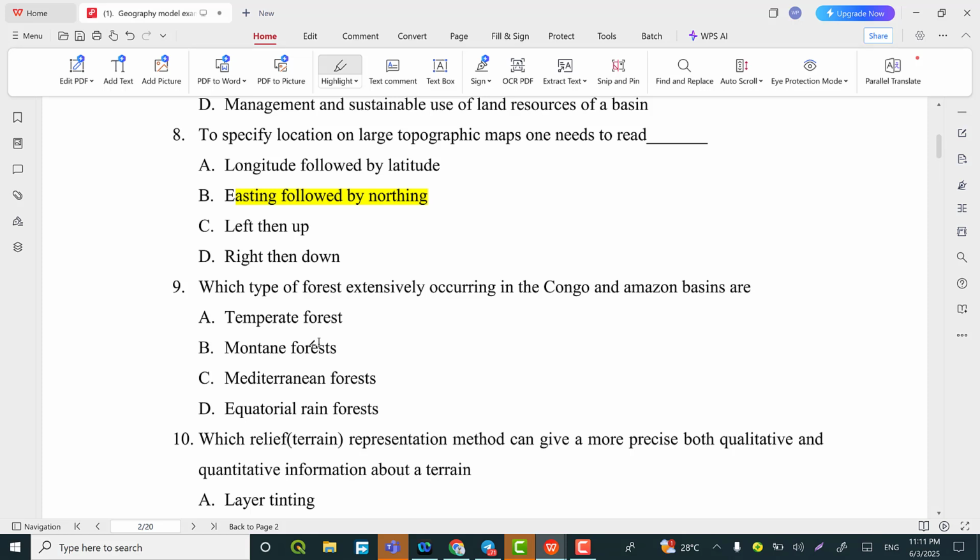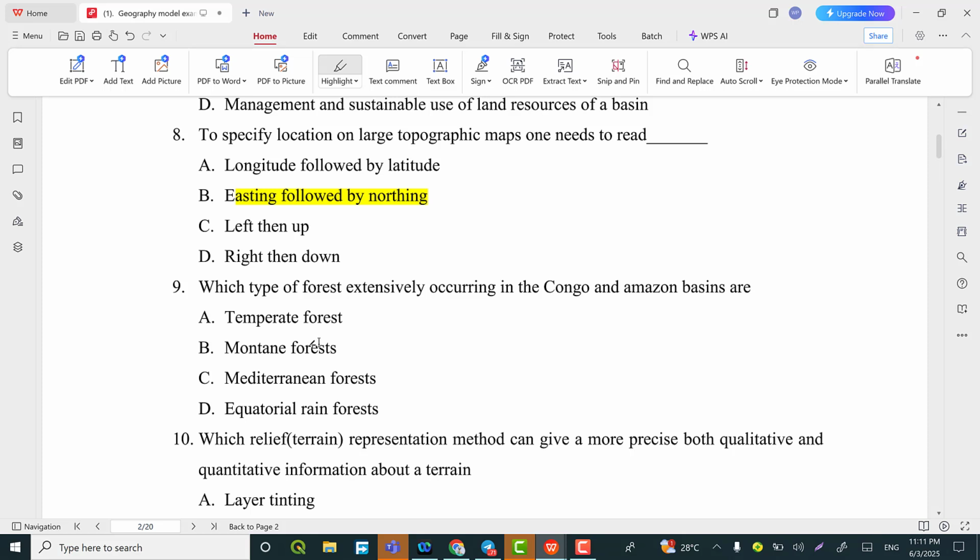Question number 9. Which type of forests extensively occurring in Congo and Amazon basin are? As you know, Congo and Amazon basin is found between 0 and 6 degree north and south, mainly within the equatorial rainforest region. So if a certain area is found between 0 and 6 degrees north and south of the equator, we call it the equatorial rainforest.